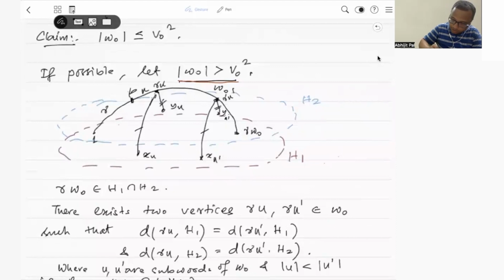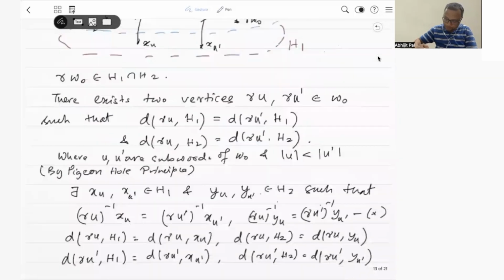And we got these two vertices, gamma u and gamma u prime, on this path such that the distance of gamma u to xu is the same as the distance of gamma u prime to xu prime, and the distance of gamma u to yu is the same as the distance between gamma u prime and yu prime. And xu and xu prime belong to H1, yu and yu prime belong to H2.